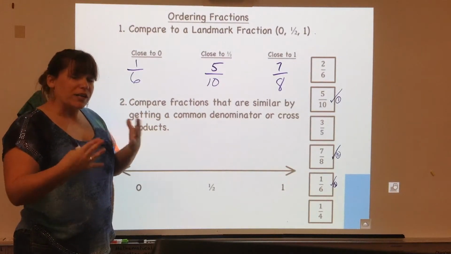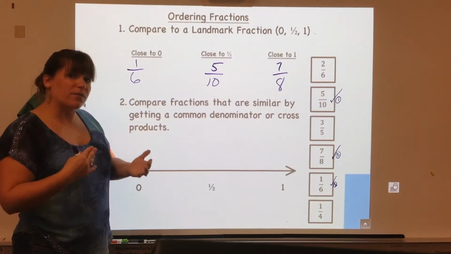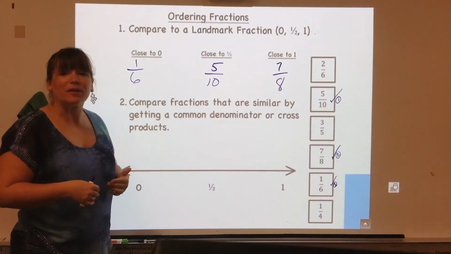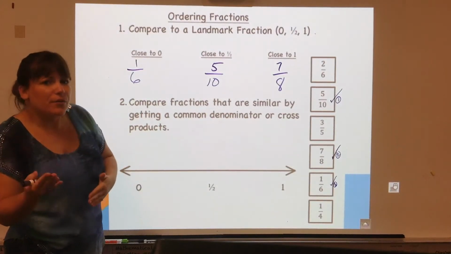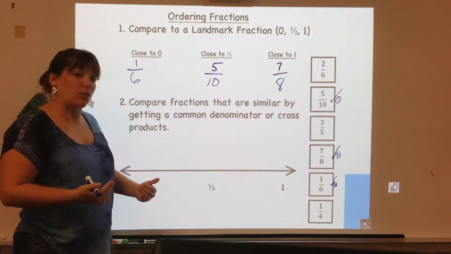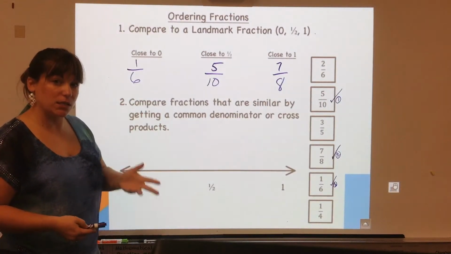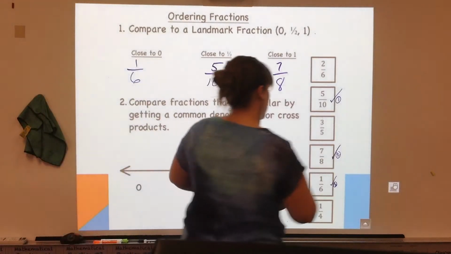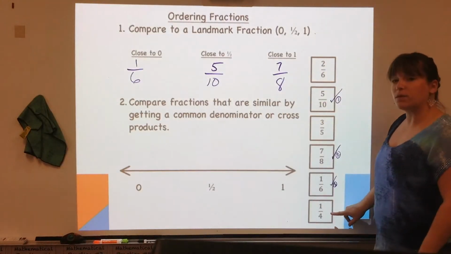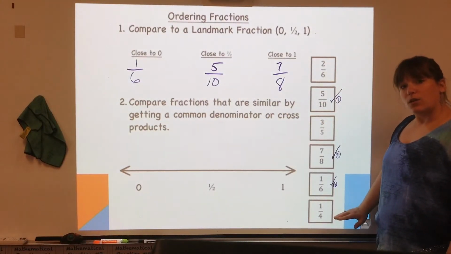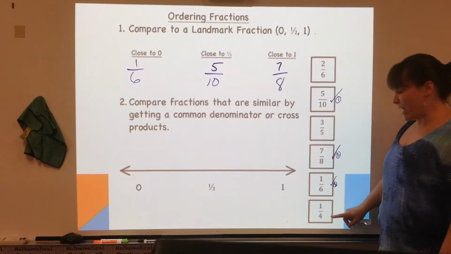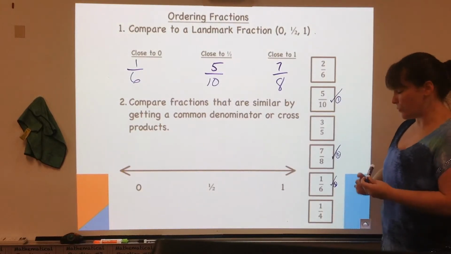When we are trying to decide where fractions go, another thing to think about is whether they are higher than 1/2 or lower than 1/2. You can look at the denominator and split it to see. This 1/4 is lower than 1/2 because half of 4 is 2.